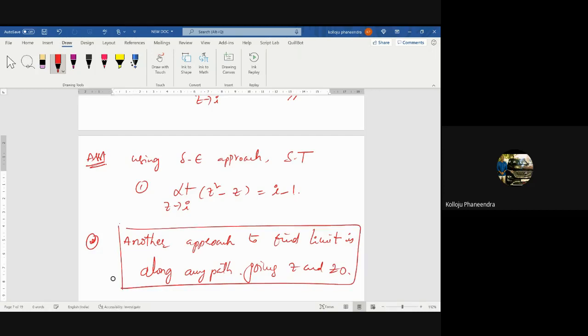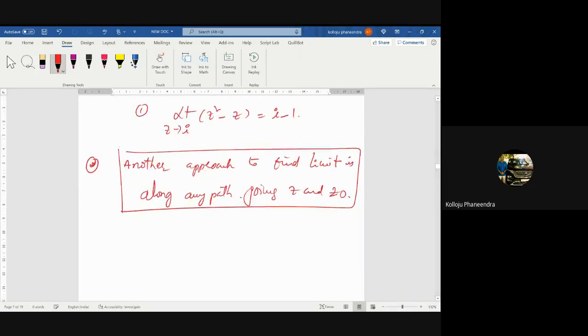This approach, let us see. You know this technique. I think in the first semester I told this one.